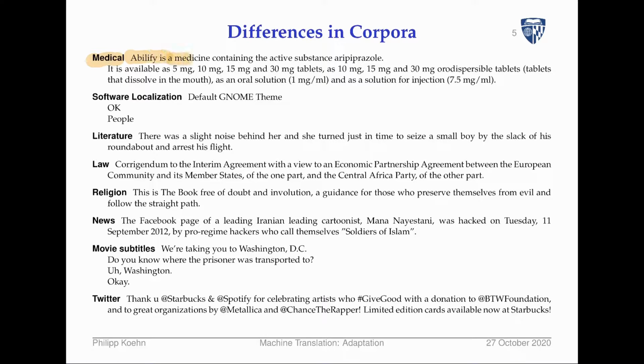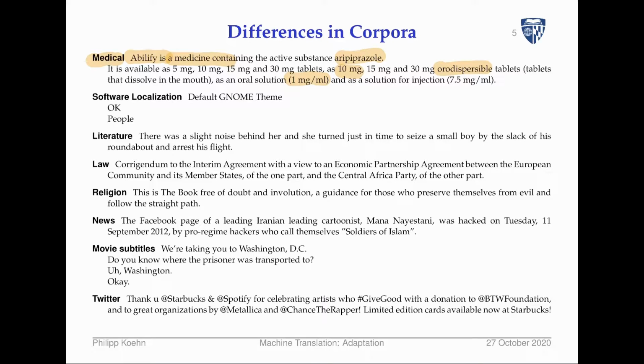Abilify is a medicine containing the active substance. I don't even know how to pronounce that. It is available as 5 milligram, 10 milligram, 15 milligram, and 30 milligram tablets, and so on and so on. So it has things in parentheses, a lot of measurements, and absolutely unpronounceable names for things.